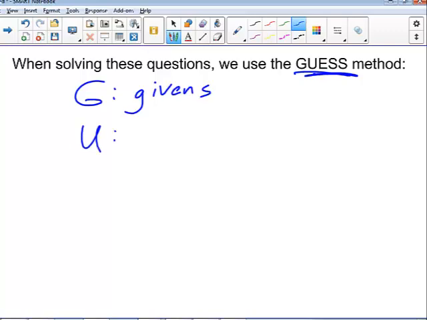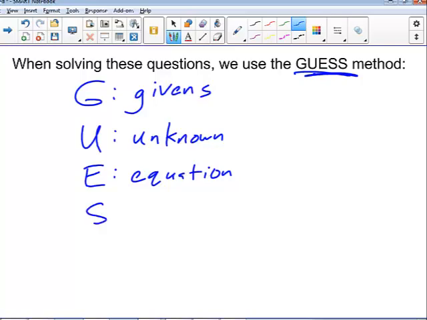Up next would be U, and this is known as our unknowns. From there, we list what the appropriate equation is. Now today we're only going to be working with one equation, but as we go into more videos, there will be more equations that we're going to work with. So we list out our equation just with letters.